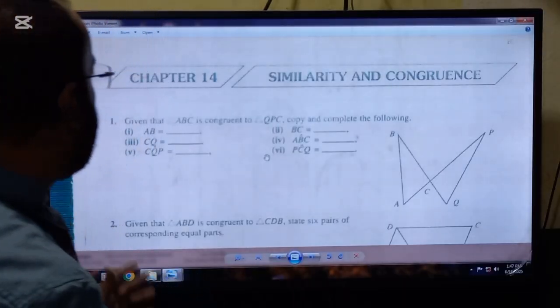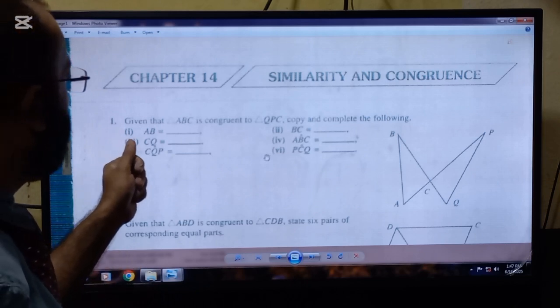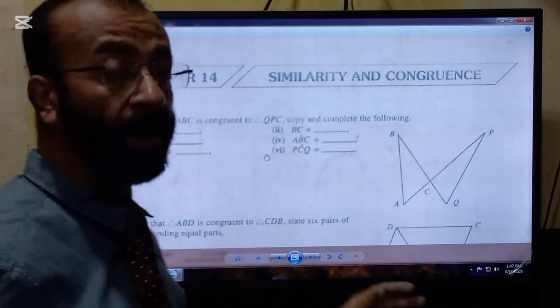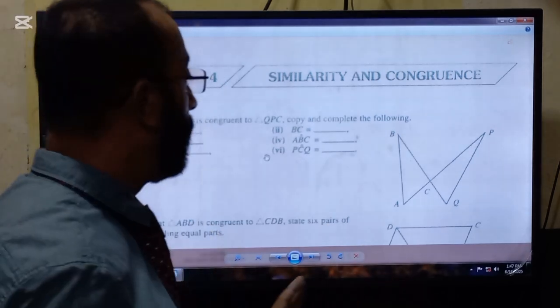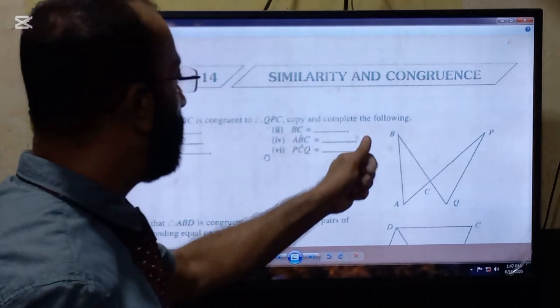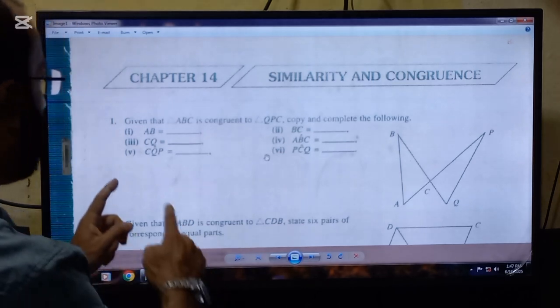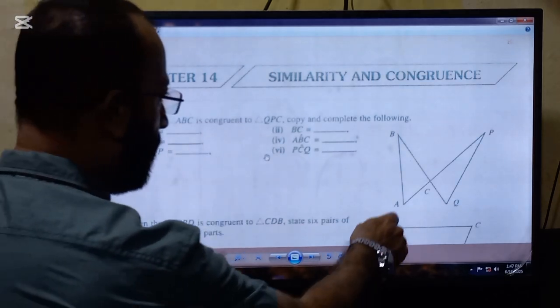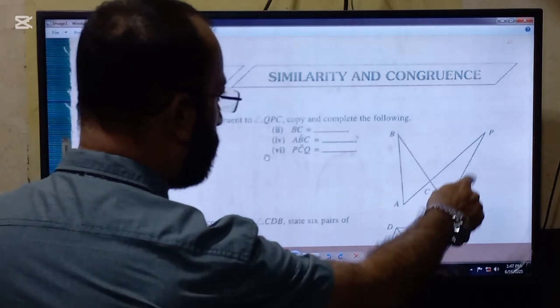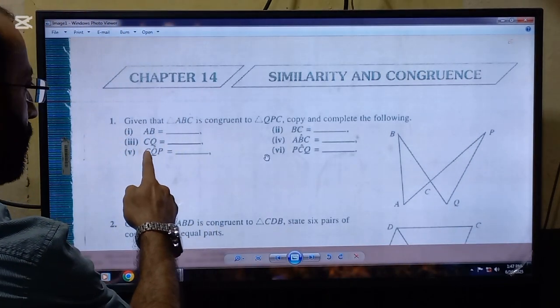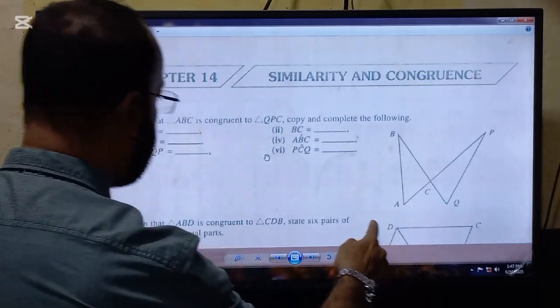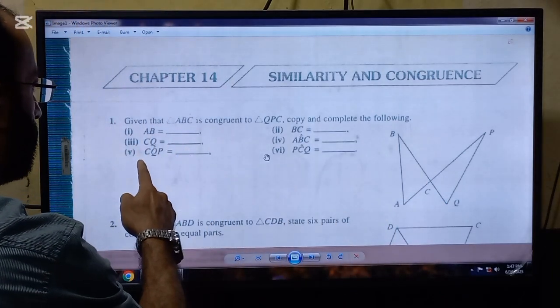For example, here is a question and it is given that the triangle ABC is congruent to triangle QPC. So this is given. So copy and complete the following. So the thing is to which side AB will be equal. So look now, AB will be equal to QP. CQ will be equal to CA.